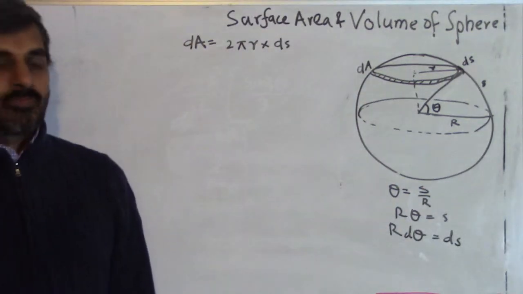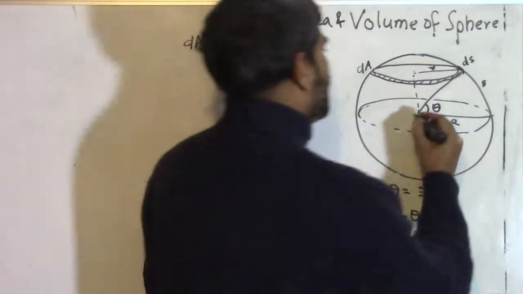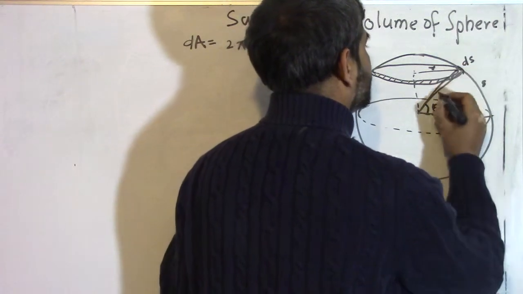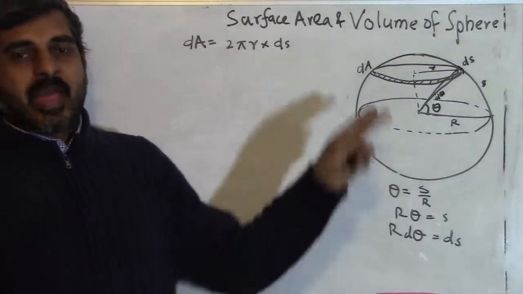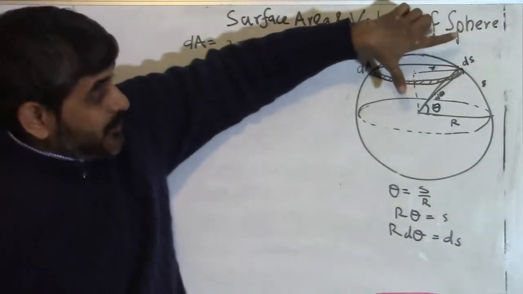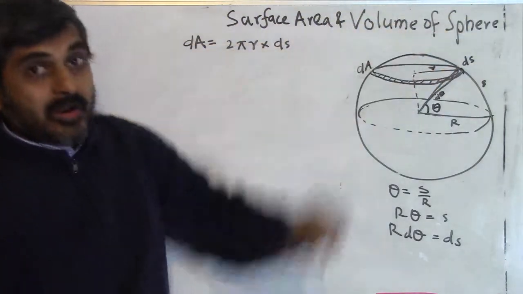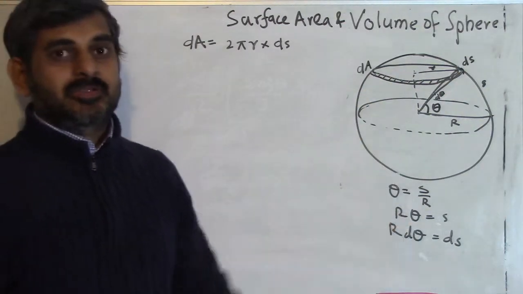We can also visualize it like this. Along the angle, let us make another radial line like this and call this angle d theta. The definition of this angle is this arc divided by this radius, ds divided by R. So whether you look at it like this or like this, it is pretty much the same thing.